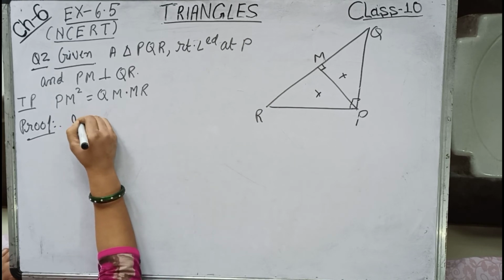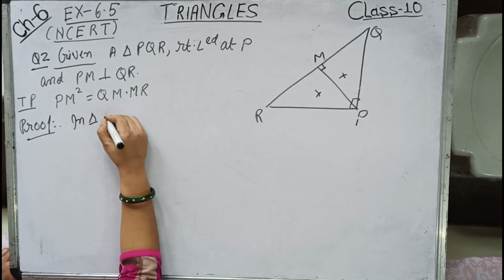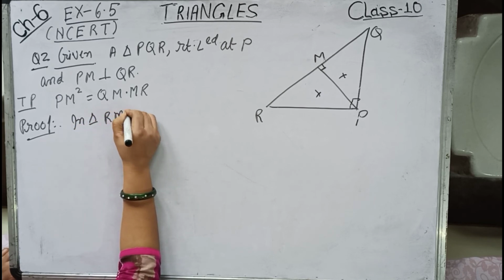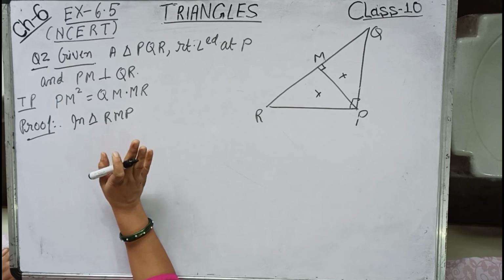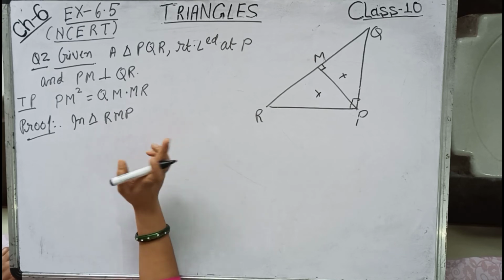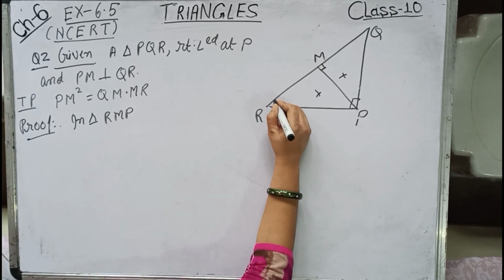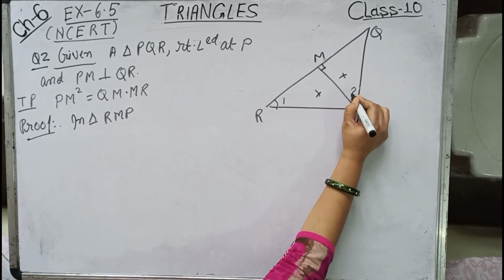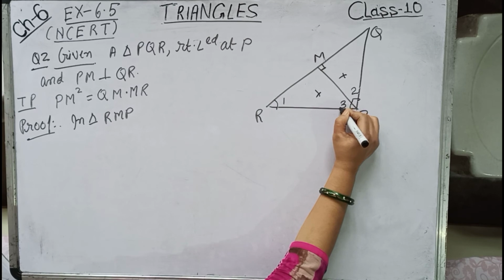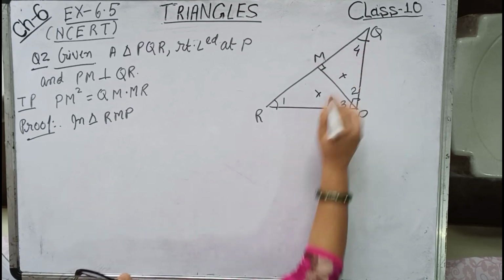So in triangle RMP, naming of the first triangle is free, naming of the second triangle is dependent on the first triangle. If you remember that theorem, there angle 1 was equal to angle 2 and angle 3 was equal to angle 4.